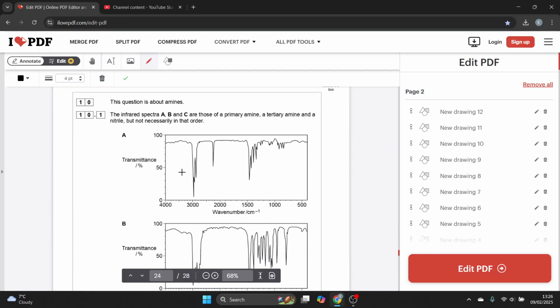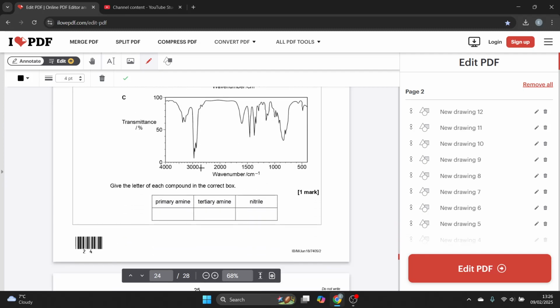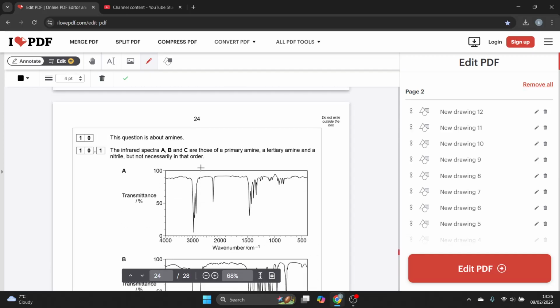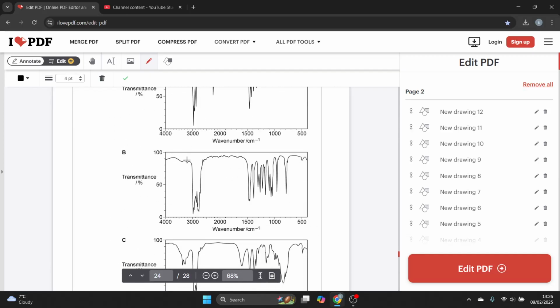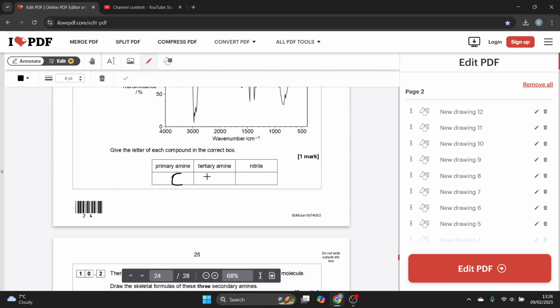Question 10. Infrared spectra A, B, and C are of a primary amine, tertiary amine, and nitrile, but not necessarily in that order. Give the letter of each compound in the box. C for the primary amine, B for the tertiary amine, A for nitrile.